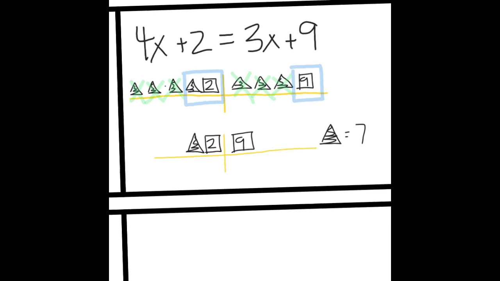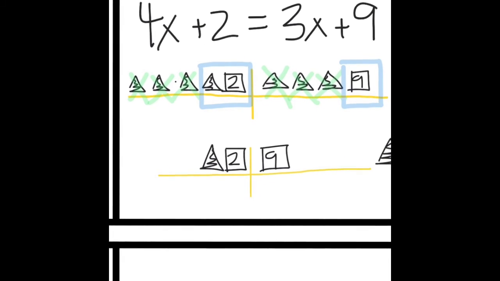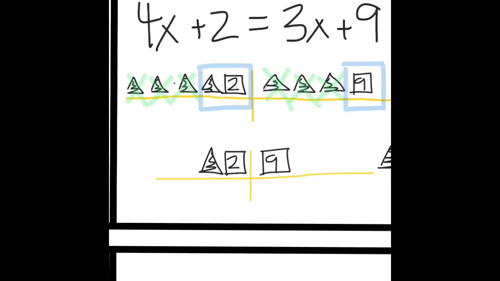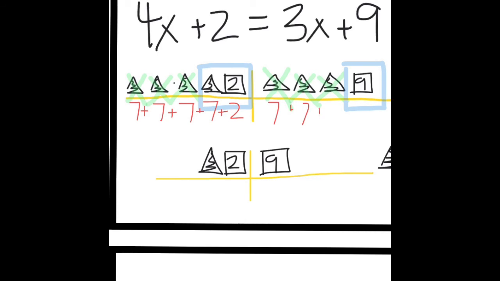I want to zoom in and move over one more time so we can really capture this check-in here. I've got a triangle where 7 plus 7 plus 7 plus 7 plus 2. And on this side I've got 7 plus 7 plus 7 plus 9. If I count up 7 times 4, I know that's 28.